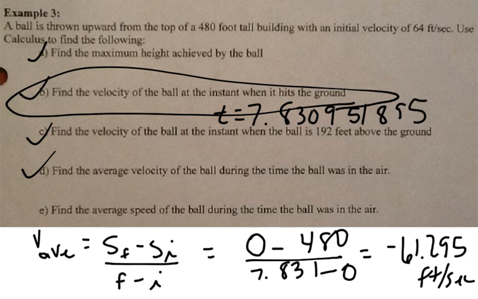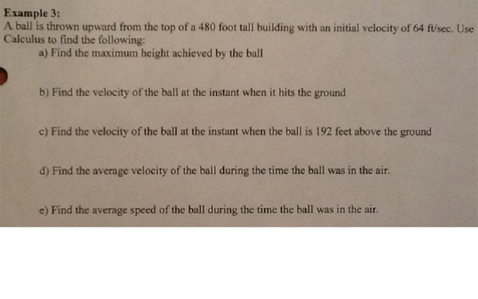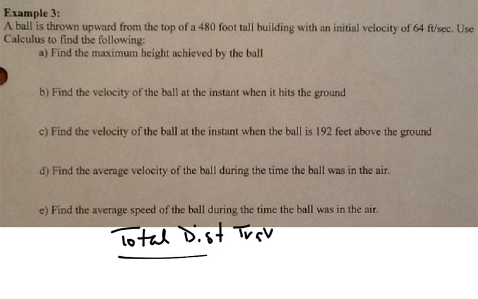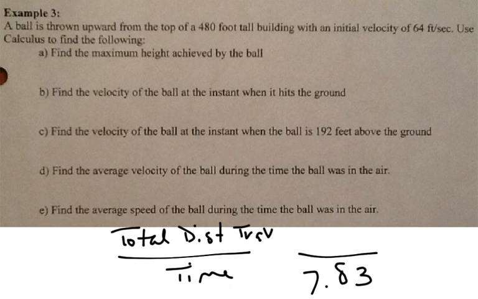Alright, last one. E, find the average speed. That's going to be total distance traveled over elapsed time. The time is still the same as it was before, the 7.83. I would not round that off. The total distance traveled, the ball goes up for 544 feet when it reaches its maximum, and then it goes down to the ground, which was 480 feet.